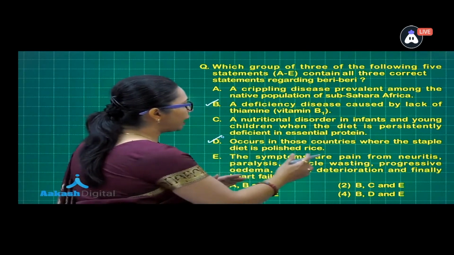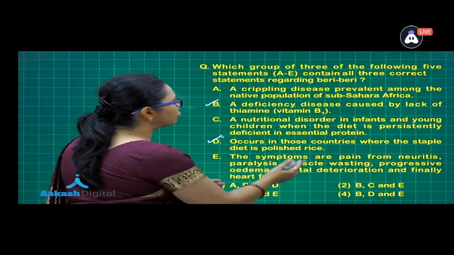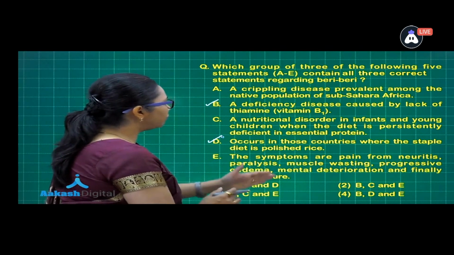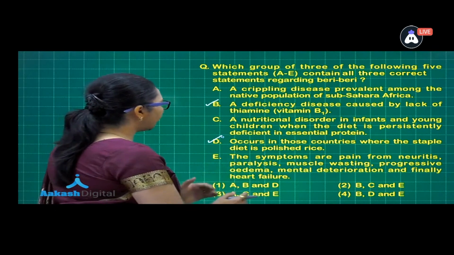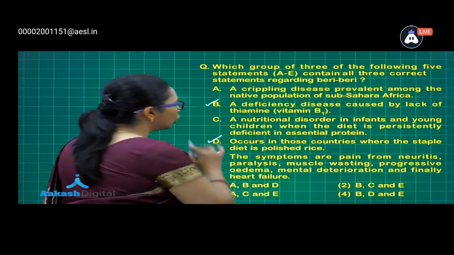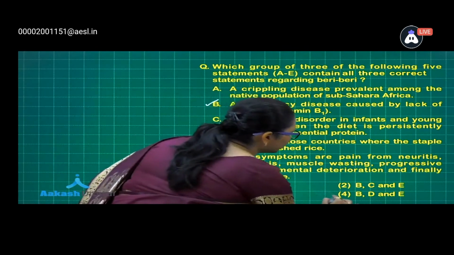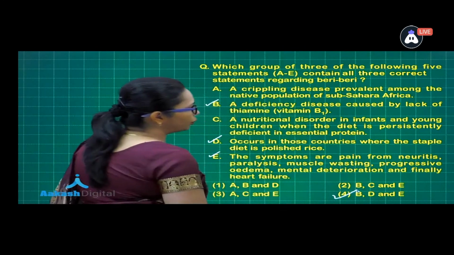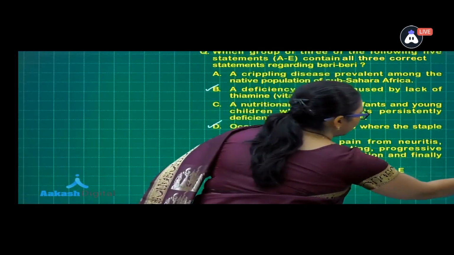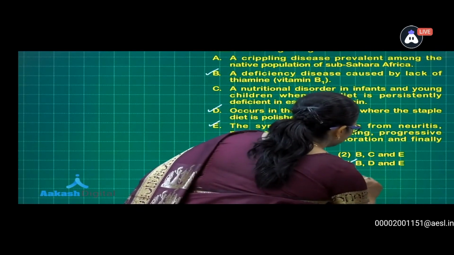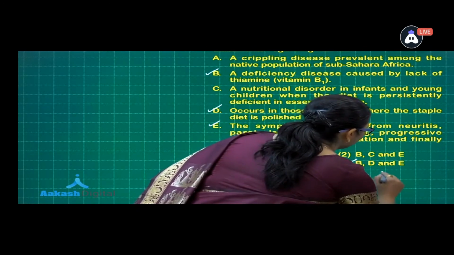E, the symptoms are pain from neuritis, paralysis, muscle wasting, progressive edema, mental deterioration, and finally heart failure. So this is also correct. So here we have B, D and E as the correct statements which are mentioned in option 4. So here our correct answer is option 4.